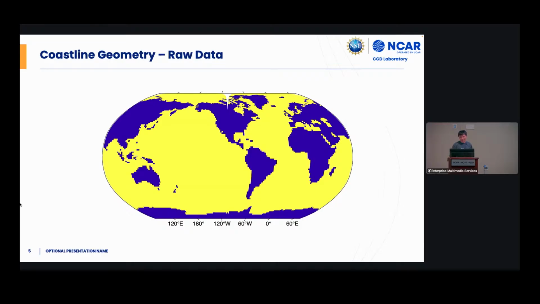And this is what the coastline looks like in the 2 degree model, which as you can expect is very coarse. This is what we have from the raw data, where you can see that the Panama Canal is open, while the English Channel, the Red Sea, and the Persian Gulf are closed, and it's also missing quite a few features along the coastlines.